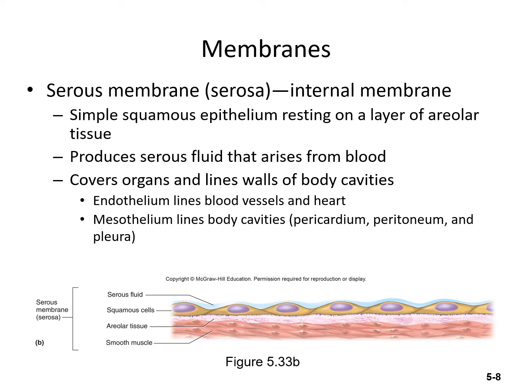You'll also find what is known as endothelium within blood vessels and the heart. And then, of course, mesothelium lines body cavities. And these terms, endothelium and mesothelium, these ultimately derive from layers of tissue that develop in a developing fetus.